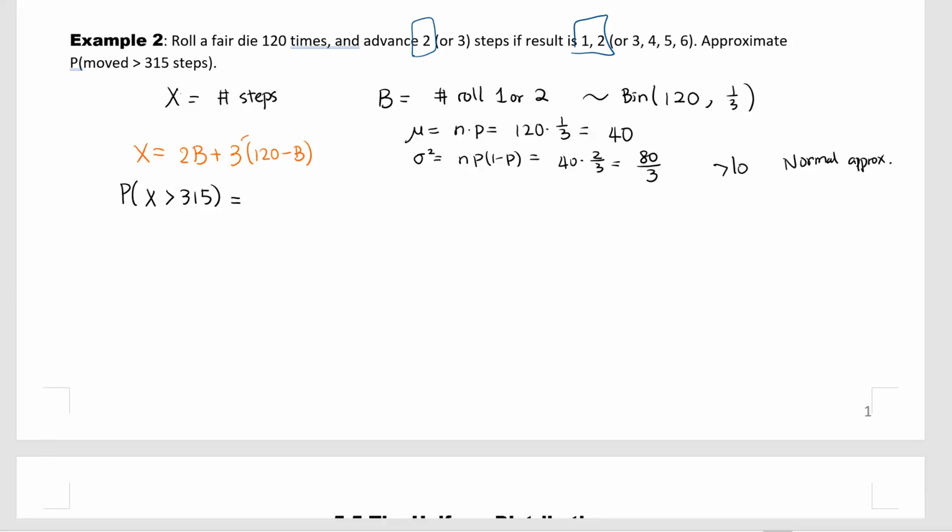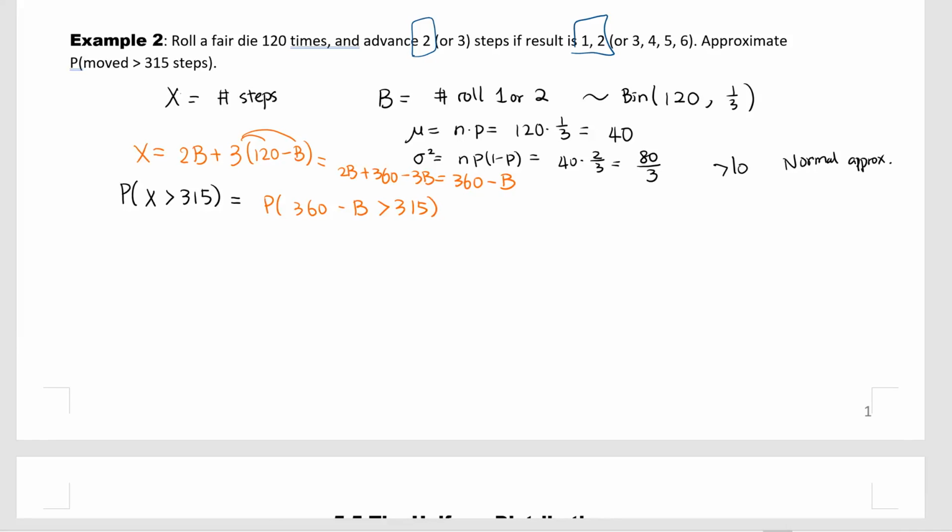Let's distribute it. We get 2B plus 360 minus 3B, so that is 360 minus B. So far, so good, everybody? That is my X. Let's plug it in. X is 360 minus B, and we want it to be greater than 315.